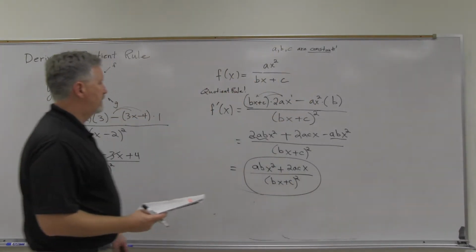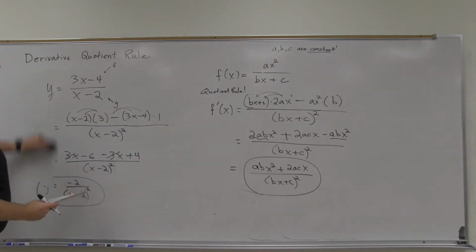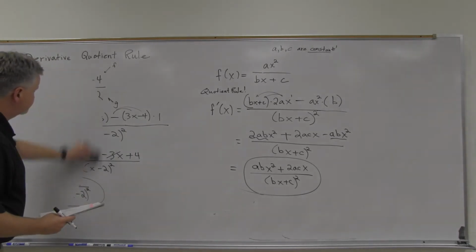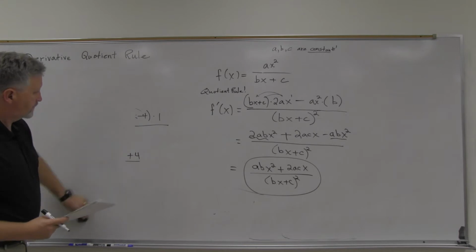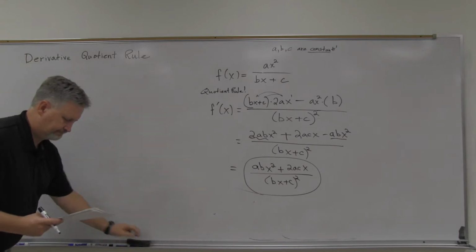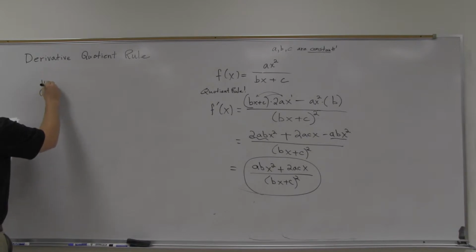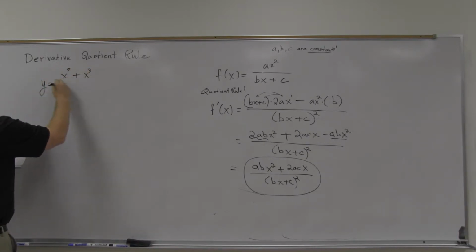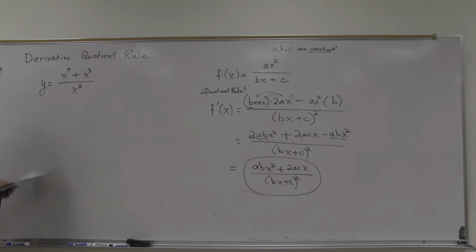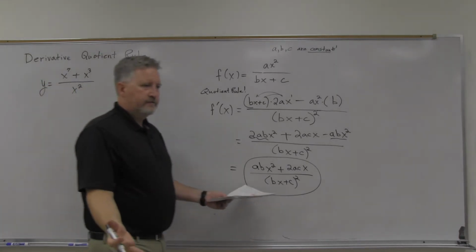Now, one other quick point here on this one. y equals x to the 7th plus x cubed, divided by x squared. Okay?